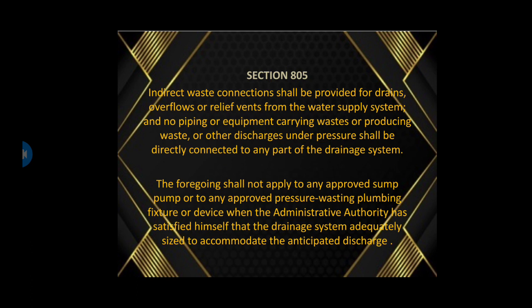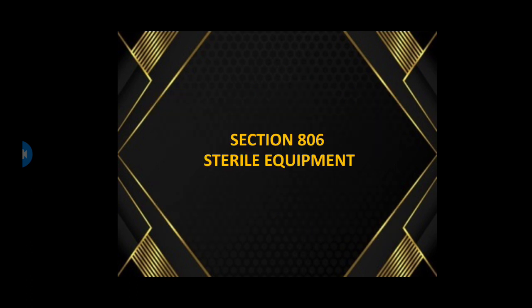The foregoing shall not apply to any approved sump pump or to any approved pressure wasting plumbing fixtures or device when the administrative authority has satisfied himself that the drainage system is adequately sized to accommodate the anticipated discharge.